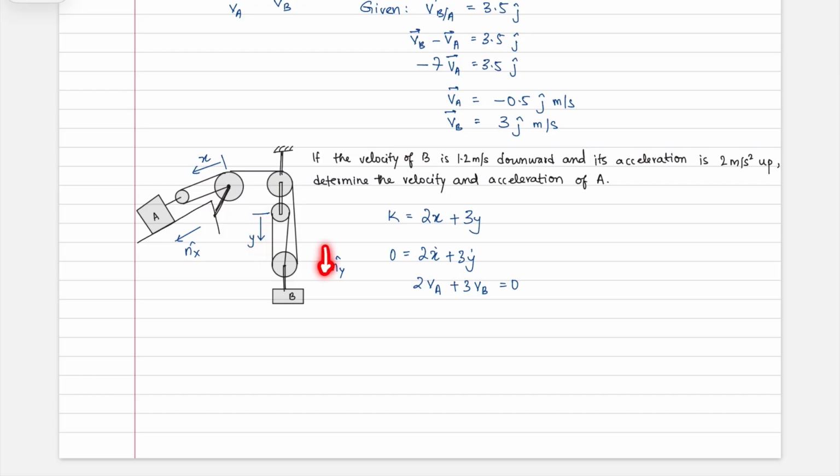So I've created this unit vector ny hat in this direction, and then VA is positive in this way, so this unit vector nx hat in this direction. So if I were to write down that VB vector is equal to VB, this is the magnitude, in ny hat. This much is equal to 1.2 ny hat meters per second.